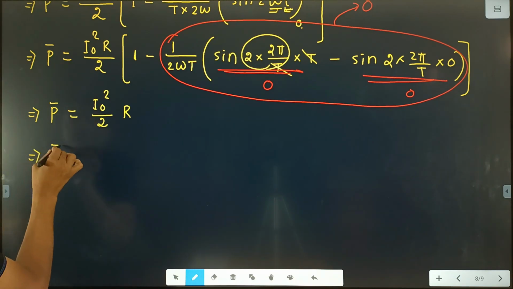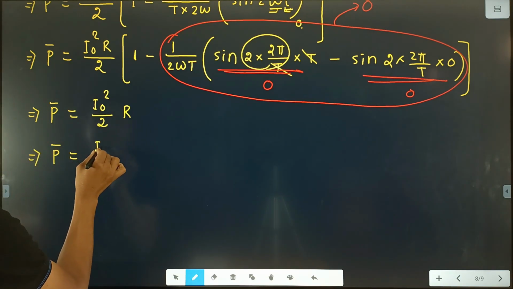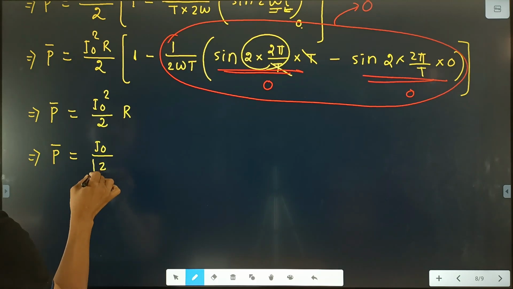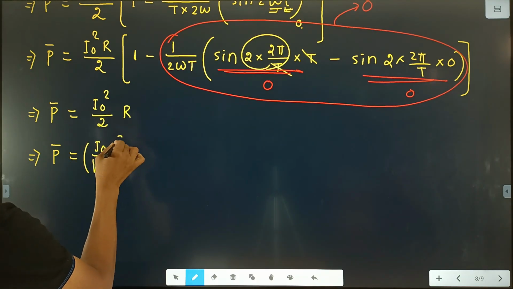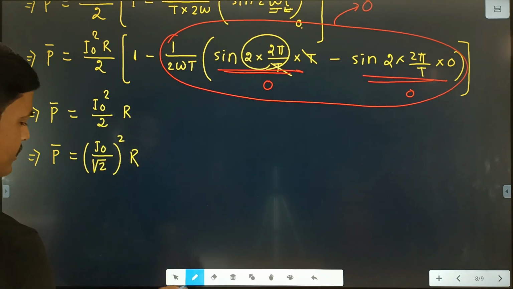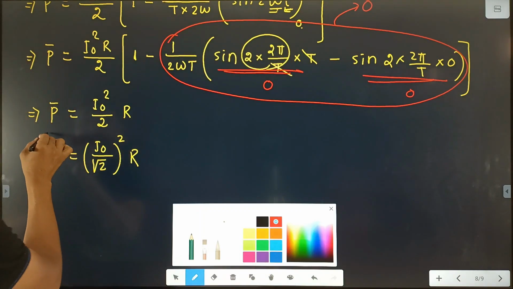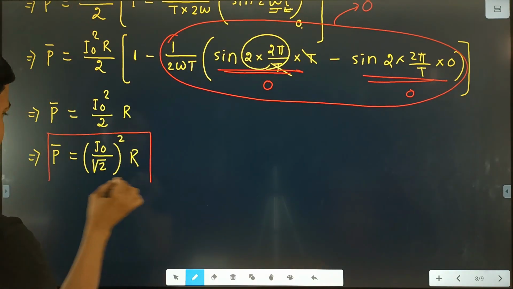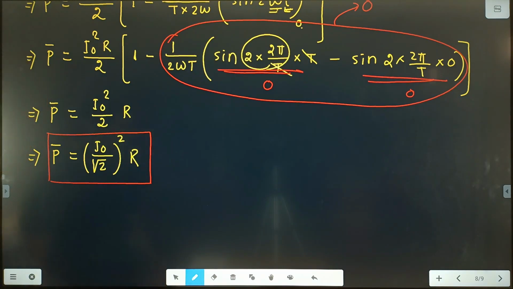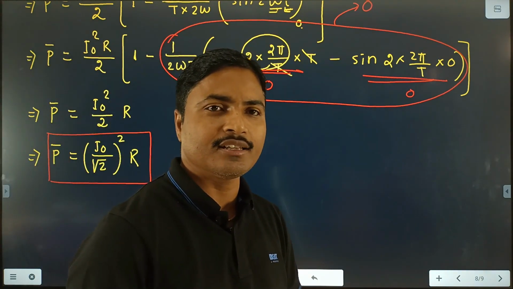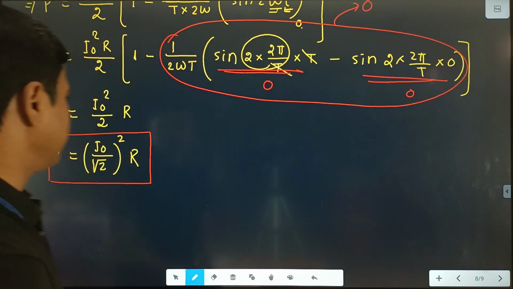That implies average power dissipated, we write just like this, I0 divided by root 2, square of this, multiplied by R. This is the final expression of average power consumed for a full cycle, and you know I0 divided by root 2 is the root mean square value of current.